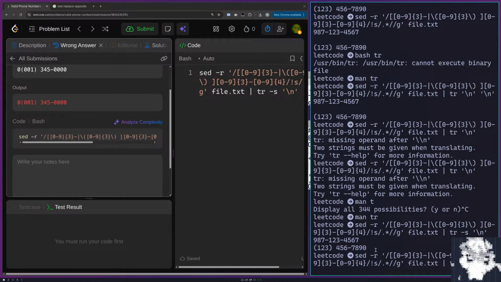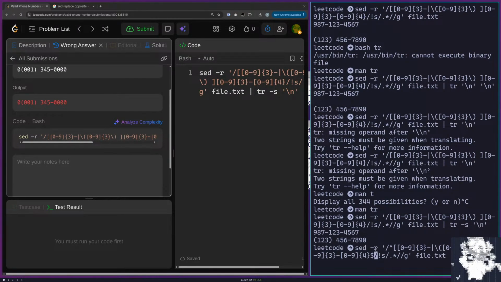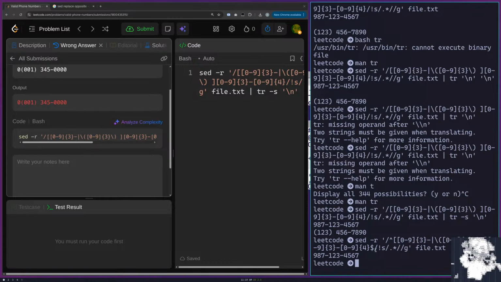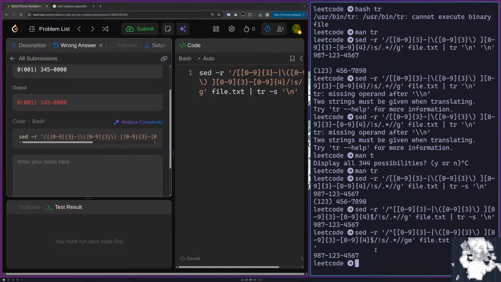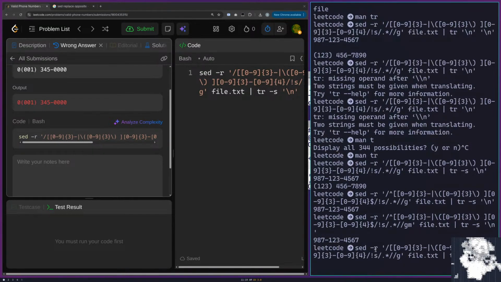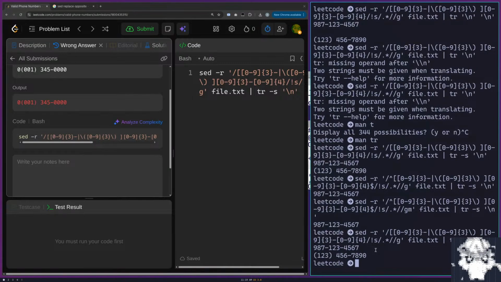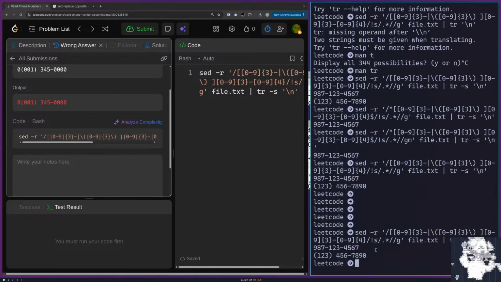Okay, we just need to say that this is the start of the line and this is the end of the line. Oh, wait, that didn't work. Do we have to say multi-line? Nope. Hold on, I'm getting confused here.